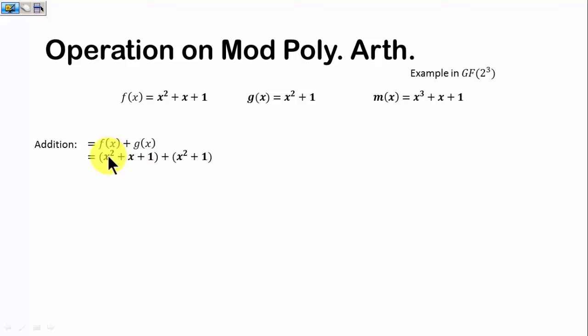Therefore, x square and x square act as inverses of each other, and result in a 0. So x square and x square result in a 0, 1 and 1 result in a 0. So this is equivalent to x.